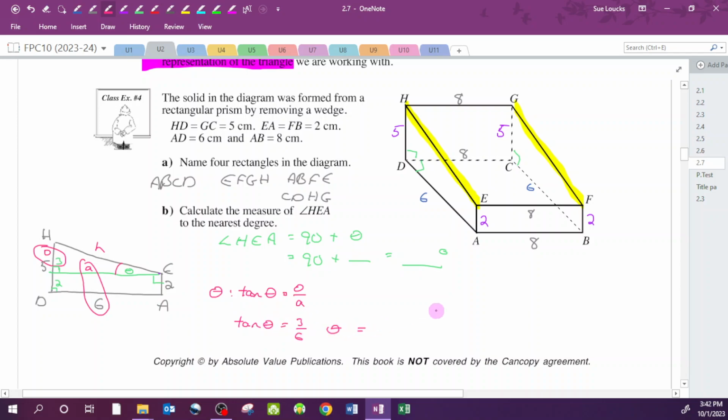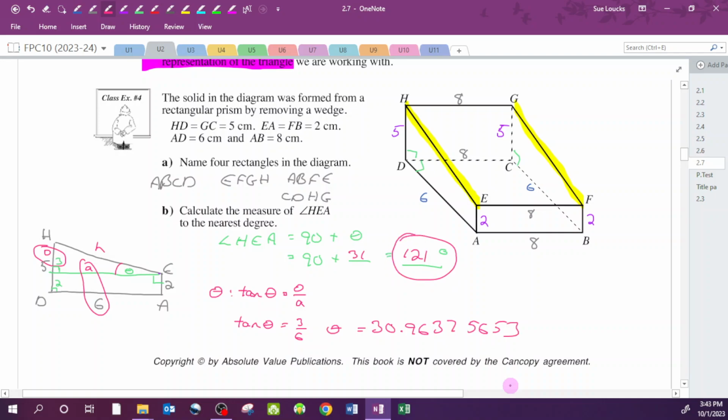So theta is going to be 30.963755653. Since I'm going to the nearest degree, I'm going to round that. It's going to be 31 degrees. If I add those together, I get 121 degrees. So there's how big angle HEA is.